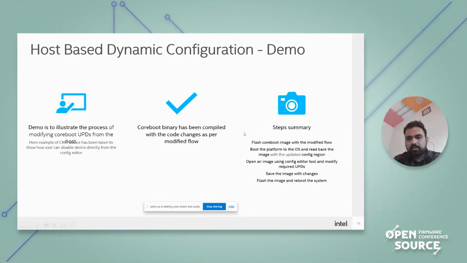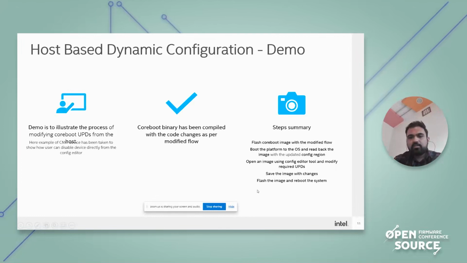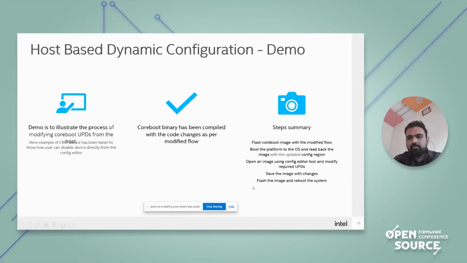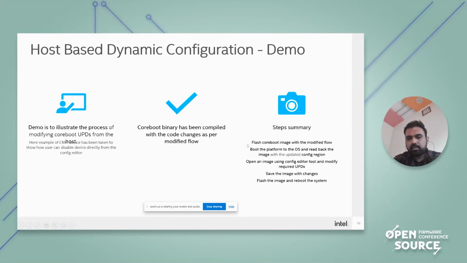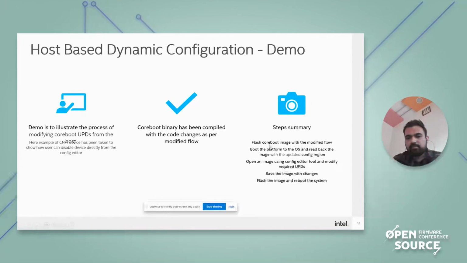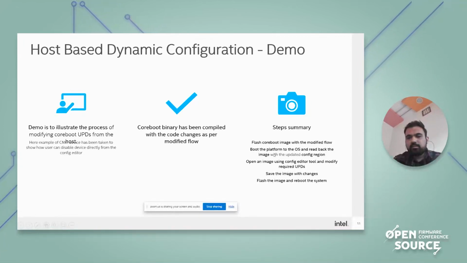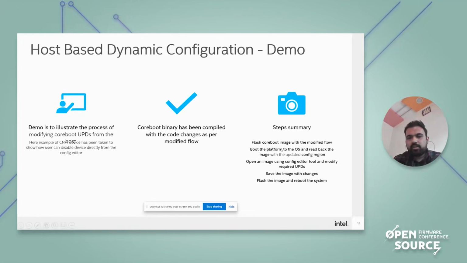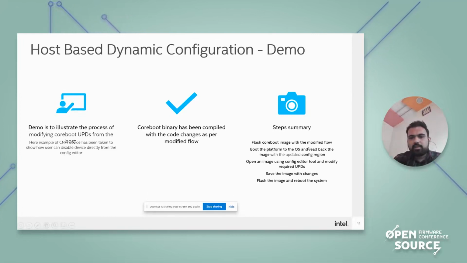And here is a short summary of the steps which we are following. So you can quickly go through it. We will first flash the image. Once the platform is booted, we need to read back the image. So we have the updated layout, and we just open the image using the config editor tool.